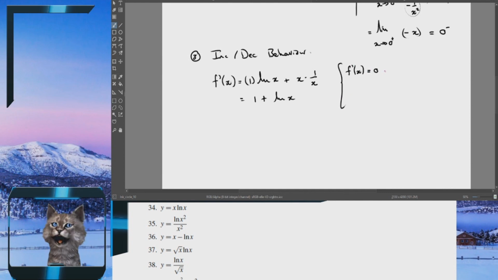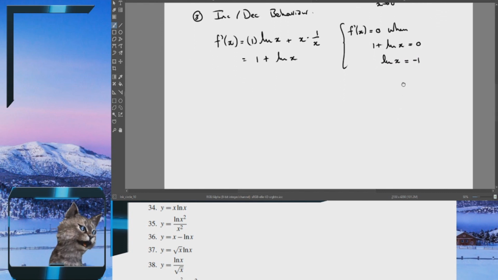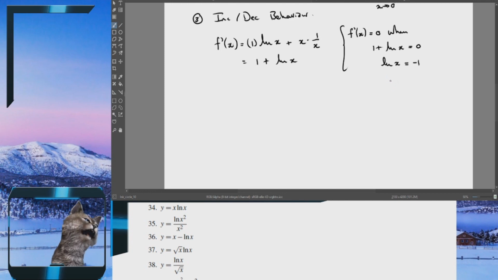When is this derivative equal to 0? Well, I'm going to be able to find that by setting it equal to 0. That means that log of x equals negative 1. And if I rewrite this to the exponential version of the equation, I get e to the negative 1 equals x. So in other words, x equals 1 over e.